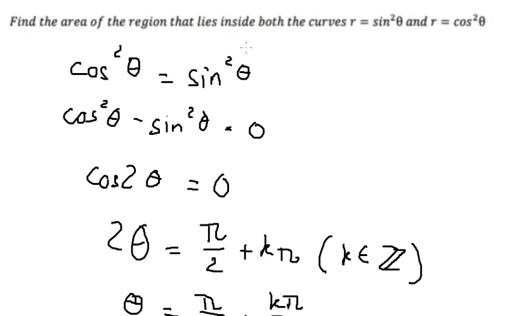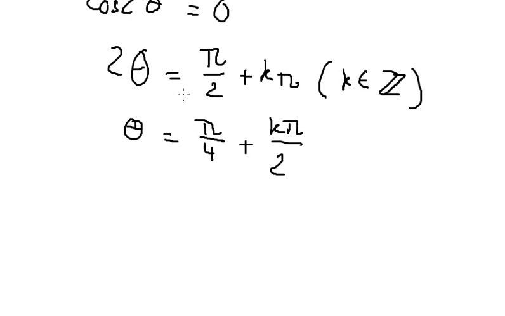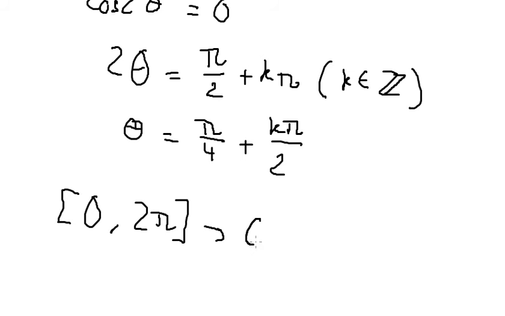So we know that this is about cardioid. So we will start from 0 to 2 pi. So the theta in here should be about pi over 4 when k equal to number 0.